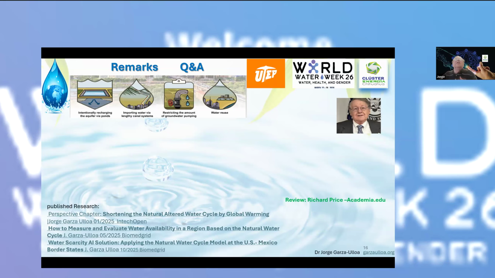Okay, we need to restrict the amount of groundwater pumping. Everybody is close to El Paso, close to Juarez. They made how do they call it in English, a very deep excavation, and it's taking water. Now we are taking care of it, and we need to focus on water reuse.